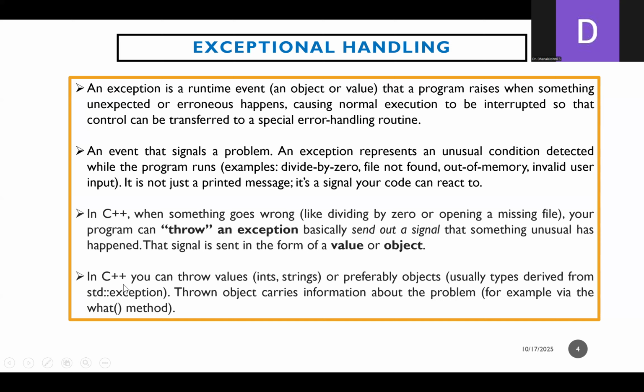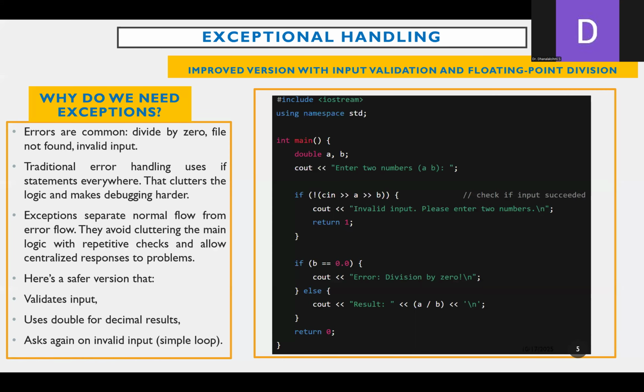In C++, you can throw values like ints and strings, or preferably objects, usually types derived from standard exception. Thrown objects carry information about the problem, for example via the what method. We will see this in the code in the coming slides.